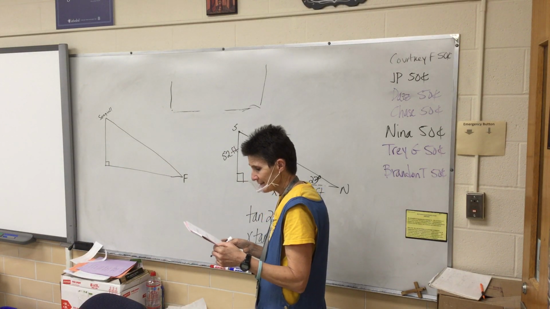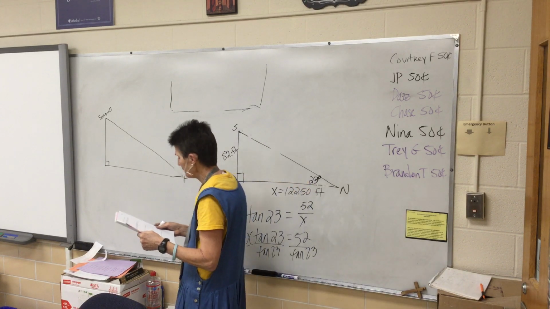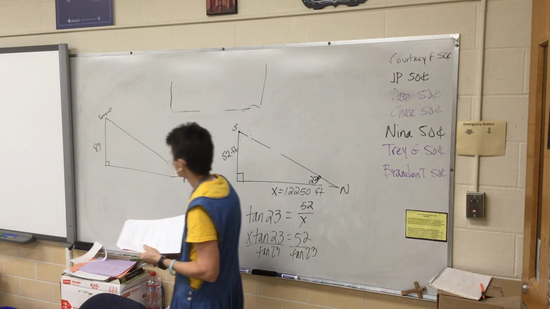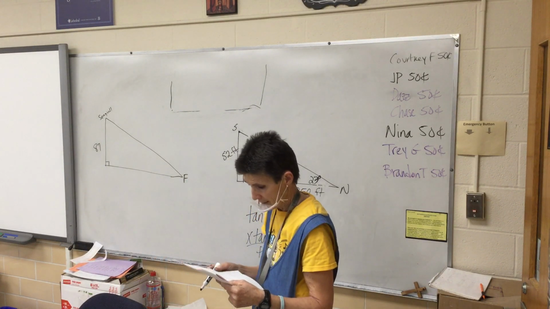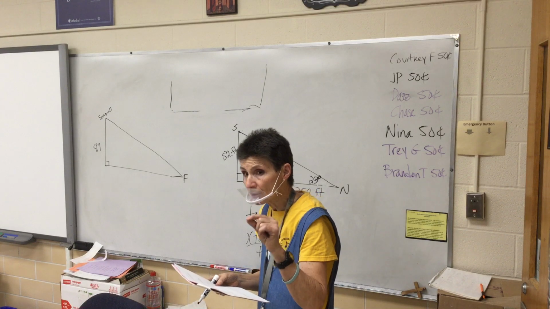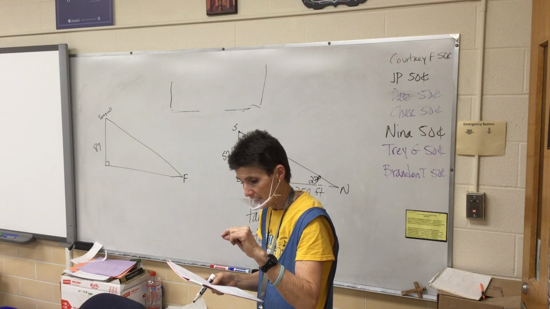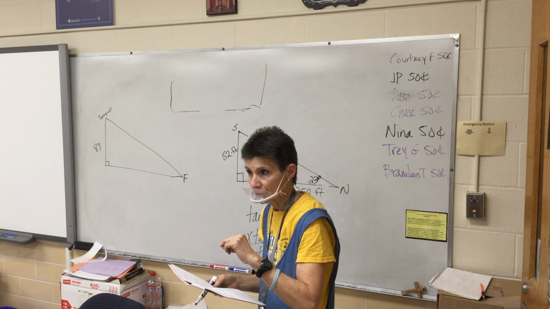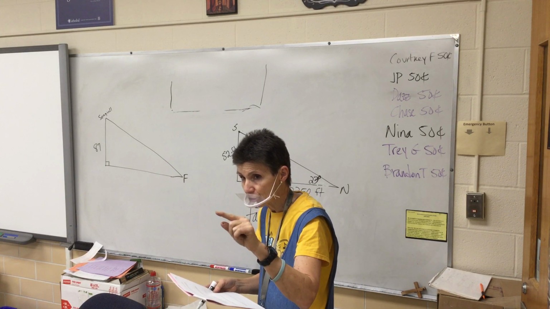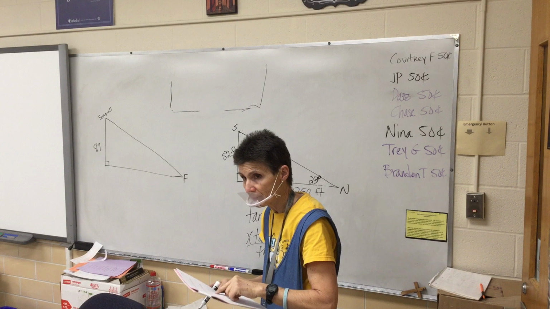The gull is 87 feet above sea level, so this is 87 feet. And the gull is 230 feet from the fish.